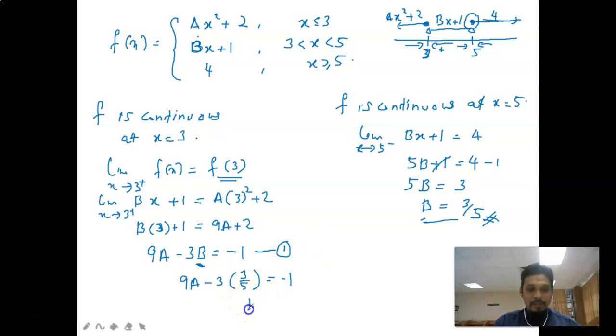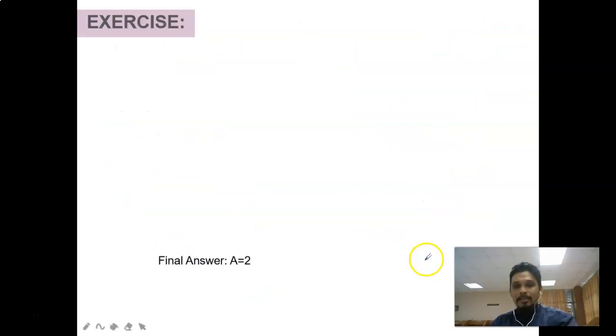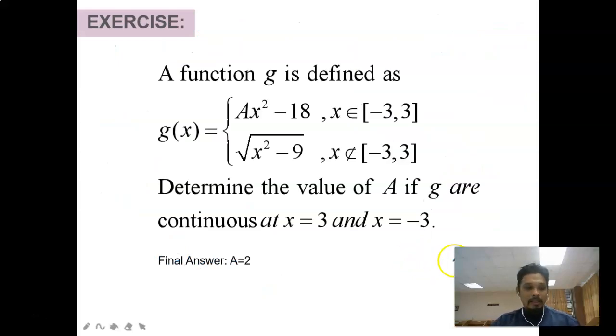And finally, you get a equal to 4 over 45. Next, exercise given there, and the final answer is a equal to 2.